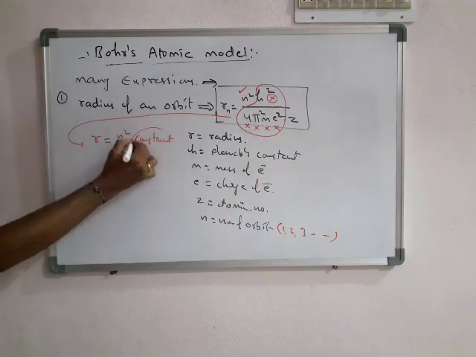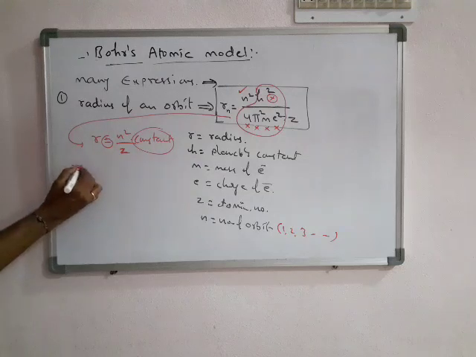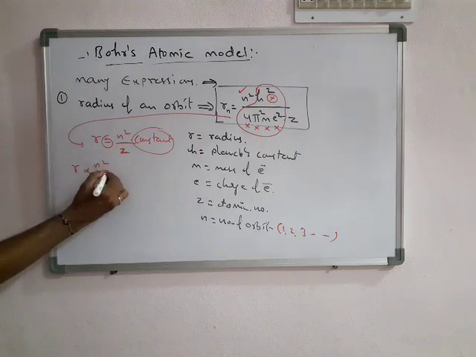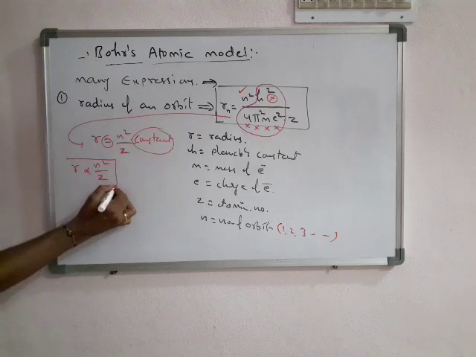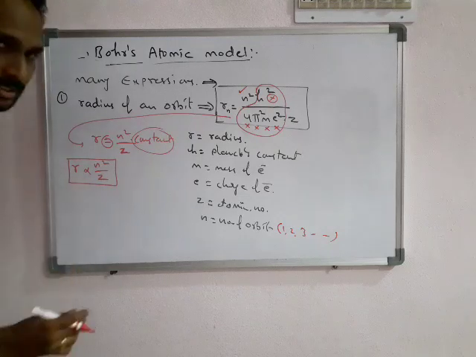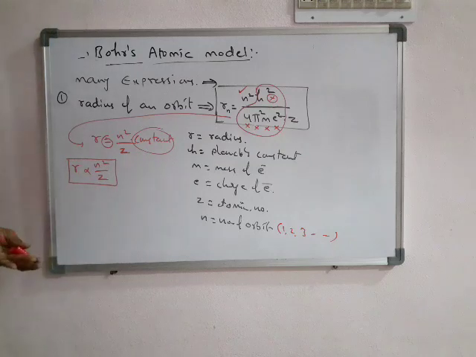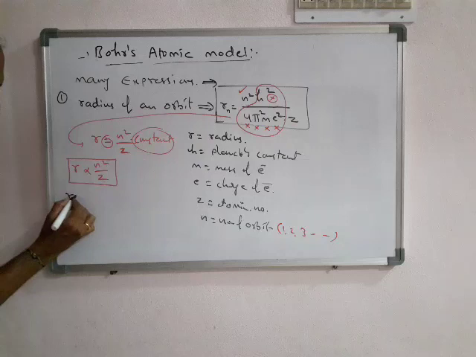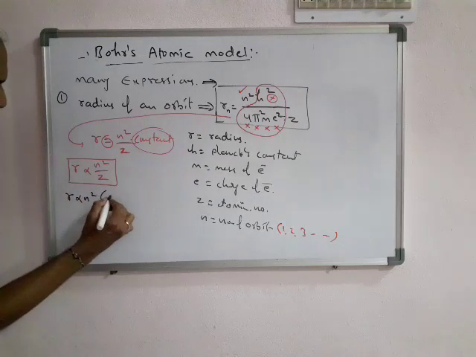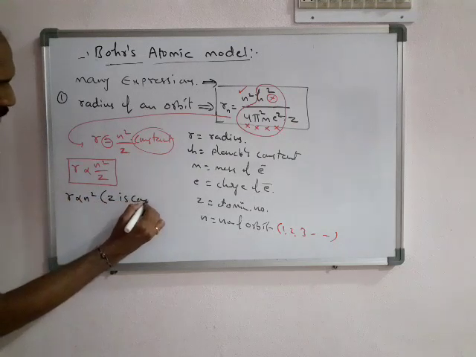So by removing the constant and the equal sign we can put r proportional to n square by z. For a particular atom, r proportional to n square by z, so it can be written as r proportional to n square if z is constant.